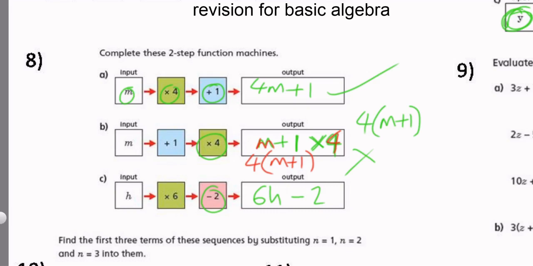What I can do is give you maybe another example. Let's suppose you start off with m, then let's say add 5, and then divided by 3. So how would I write that? What would that look like?